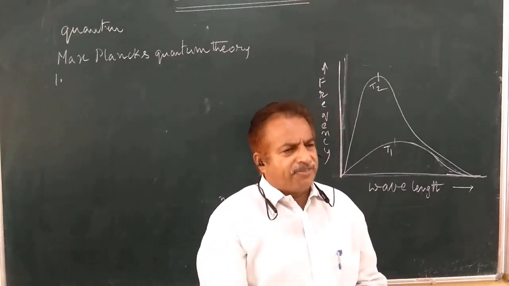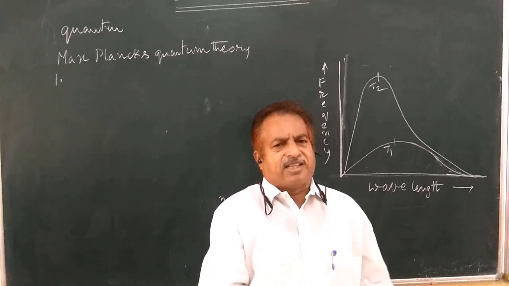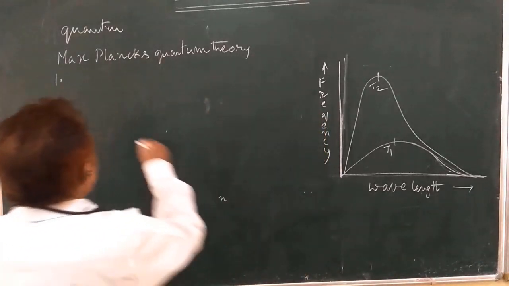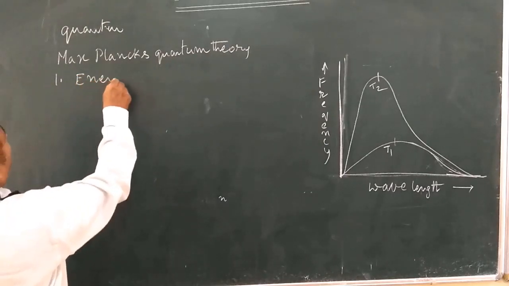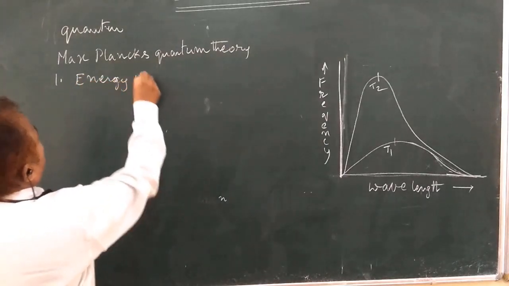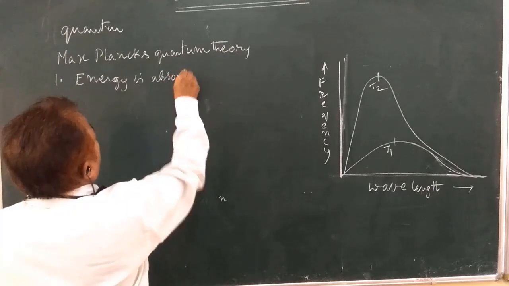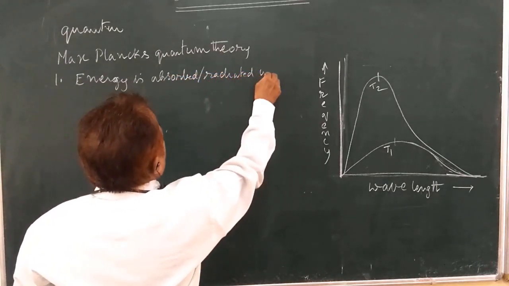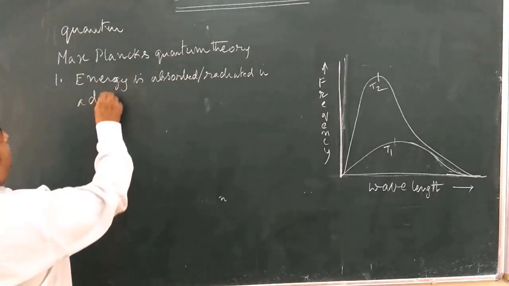That means a certain amount of energy is absorbed in the first stage and a certain amount of energy is absorbed in the second stage. So, energy is absorbed or radiated in a discontinuous manner.